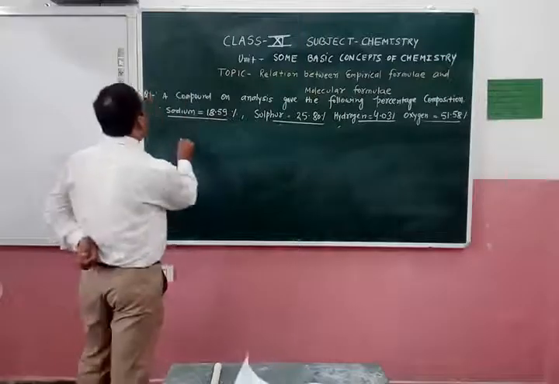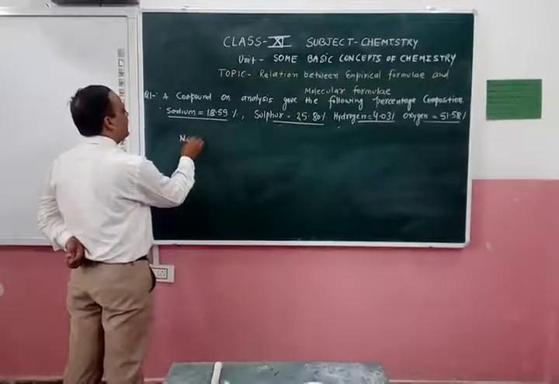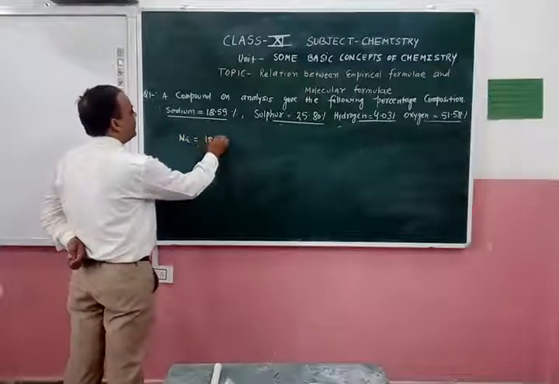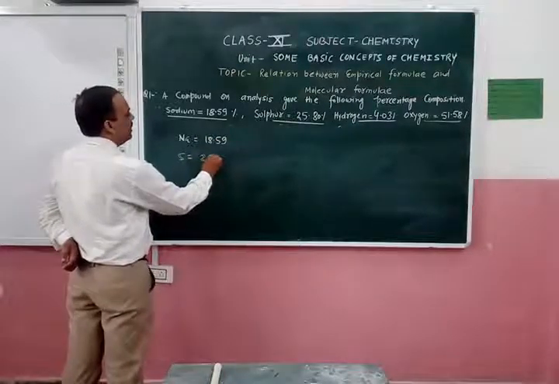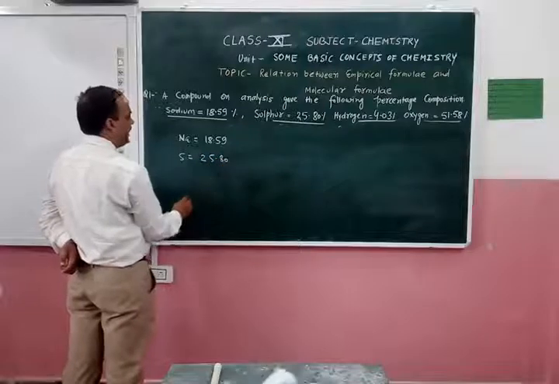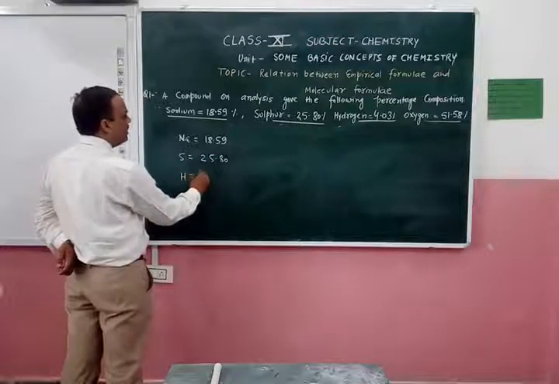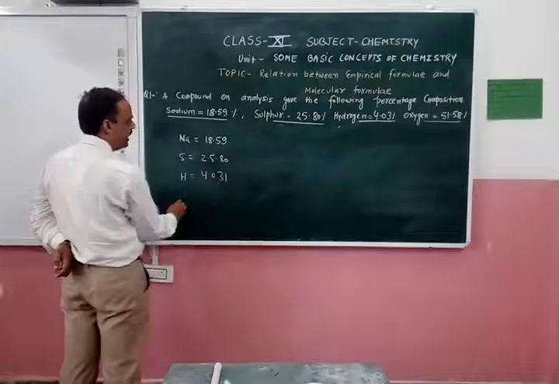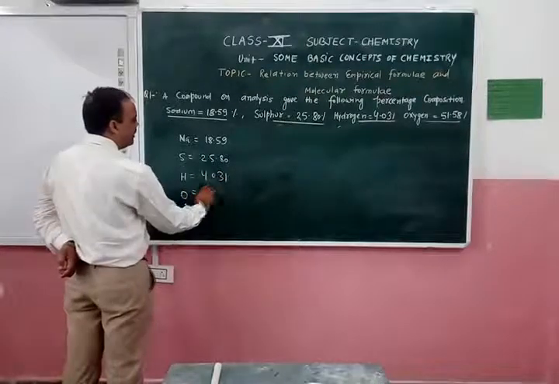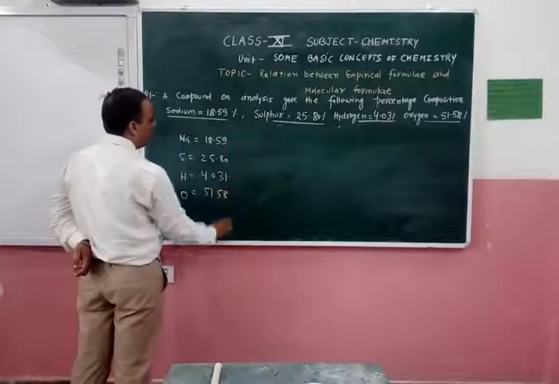We have Na, that is 18.59, sulfur 25.8, hydrogen 4.031, and oxygen 51.58.